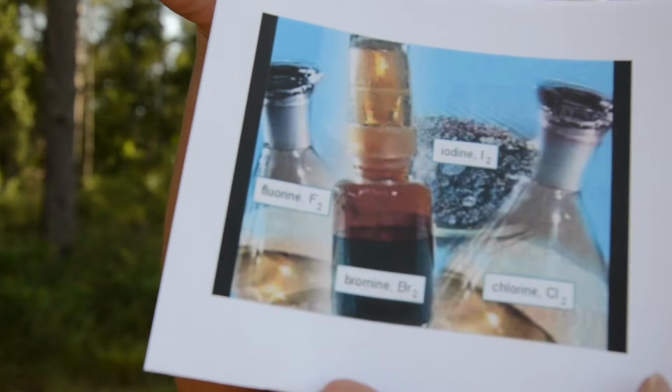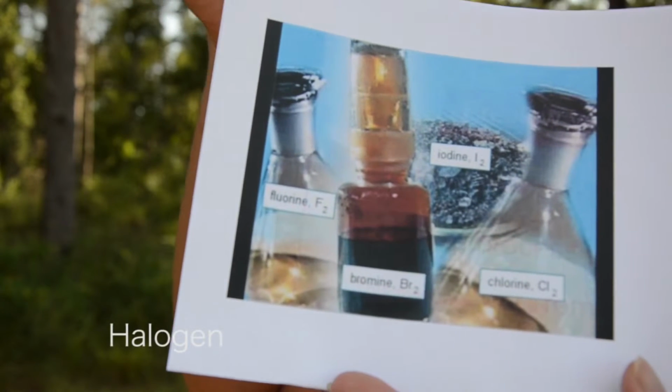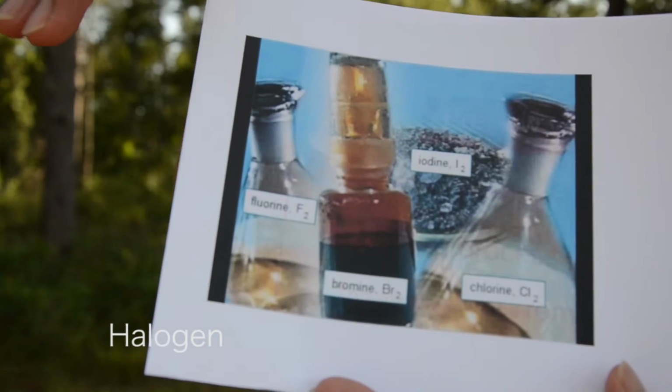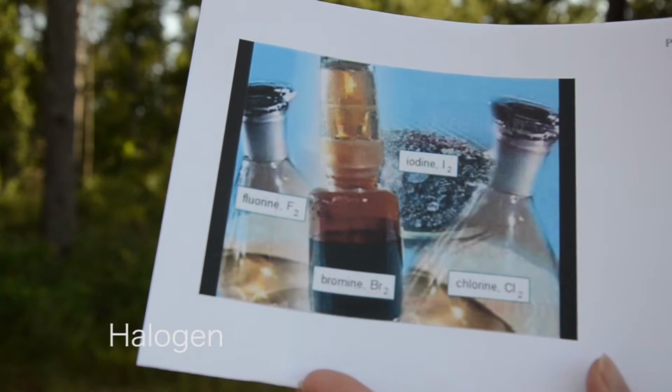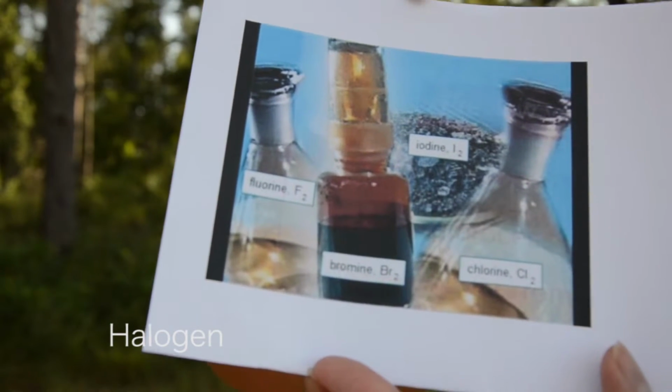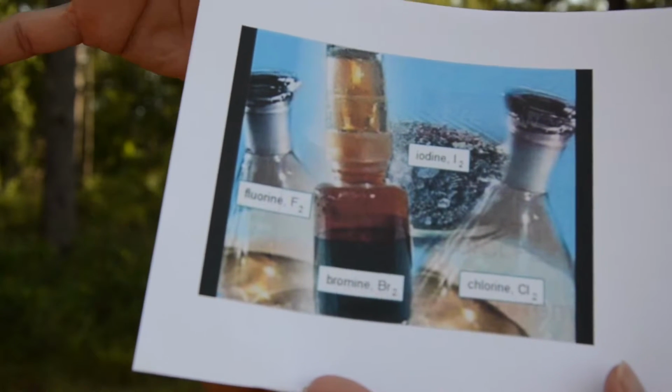Okay, next I'm going to talk about the halogens, group 7. They include fluorine, iodine, bromine, and chlorine. All of the halogens are powerful oxidizing agents.